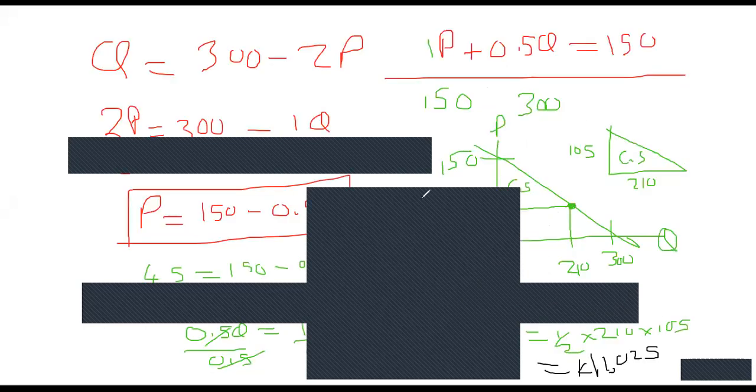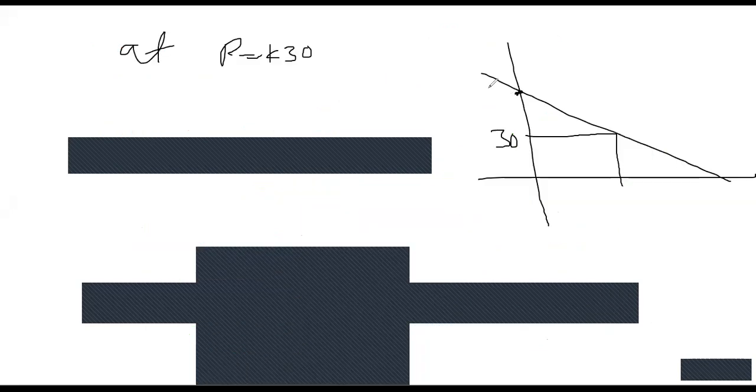So here it's the same thing. So at 30 kwacha, we have this. We know here it's cutting at 150 and 300 there, although we don't need the 300, we just need to know the figure that will come here.